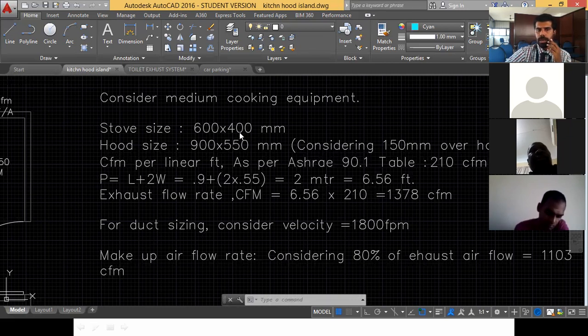Okay. When it comes to 400, you'll be having only one side, the front side, 150. The back side you will be excluding. So you'll be getting 900 into 550, or 400 plus 150 is equal to 550. So the kitchen hood size you will be getting is 900 into 550. This is not the SMACNA method, this is the ASHRAE method, okay? We are dealing with the overhang.